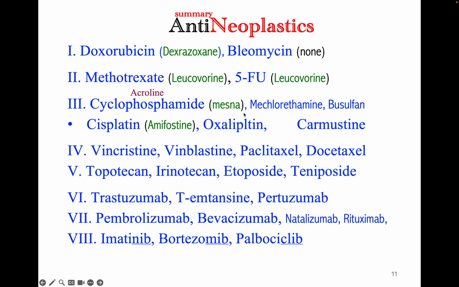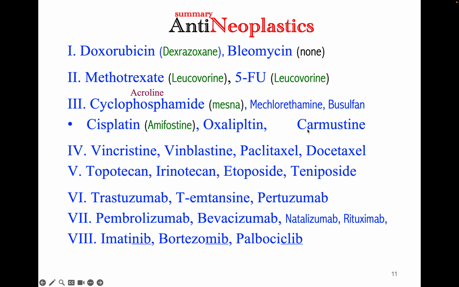The next drug, Carmustine. Let's look at that also. Carmustine is also a typical alkylating agent. I'm going to distinguish these from the atypical alkylating agents, also called platinum analogs. Let's finish this Carmustine.